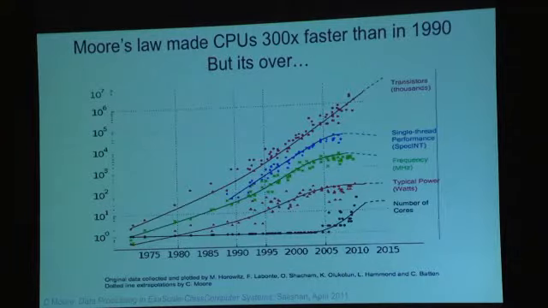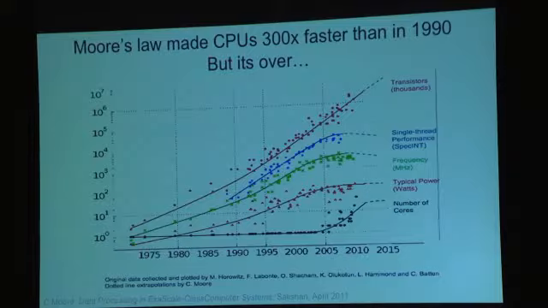And because of that, the gains we get going from one generation of process technology to the next, which used to be about a factor of 3 per generation, a factor of 8 over 2 generations, which is cutting the linear dimension in half, is now more like a factor of 1.2 per generation, and perhaps a factor of about 1.5 over a pair of generations, cutting the feature size in half.